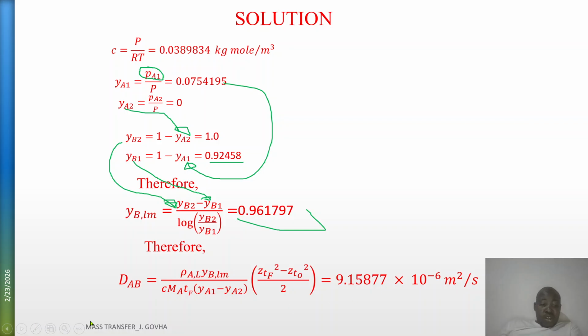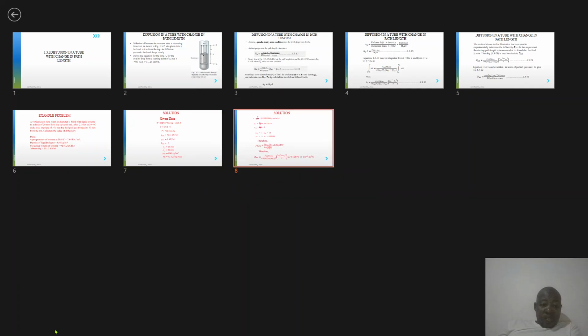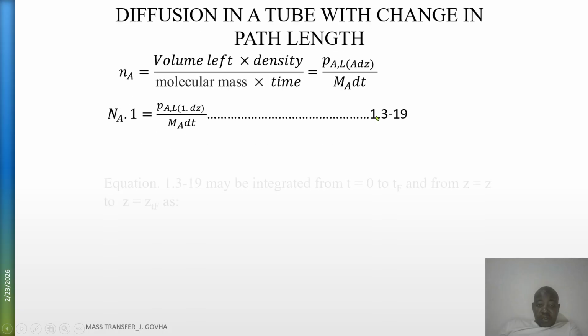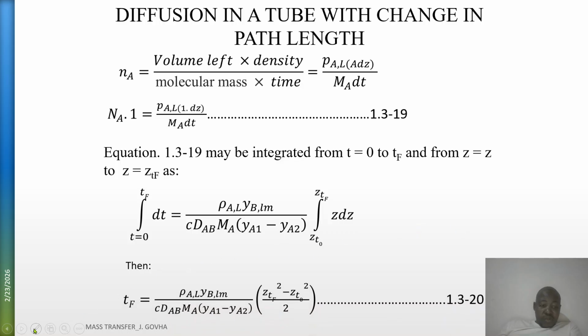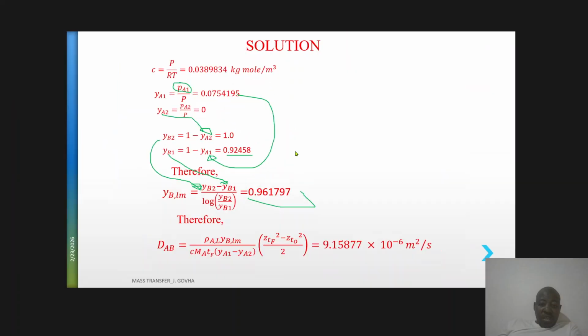So just to avoid any doubt, this equation is the one we obtained when we were calculating. So this is the value we obtained there. We have simply made GAB the subject of the formula.